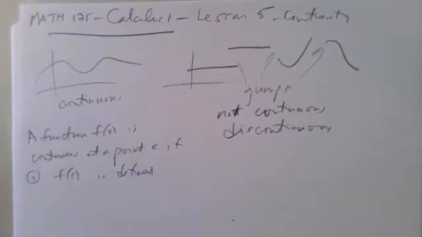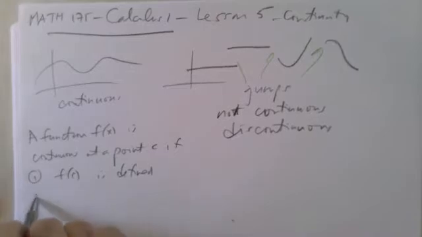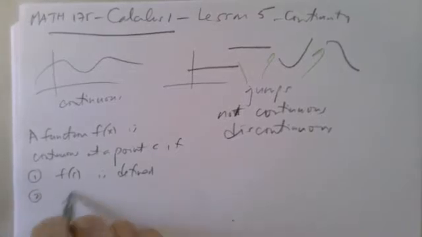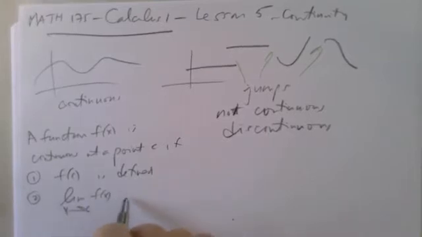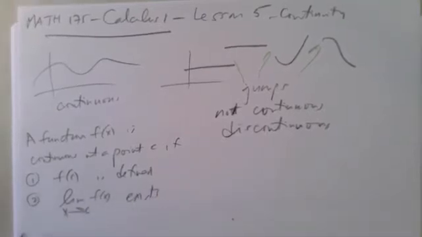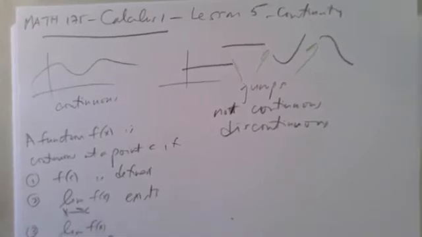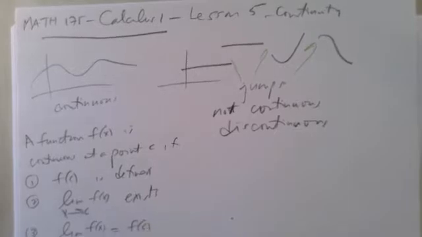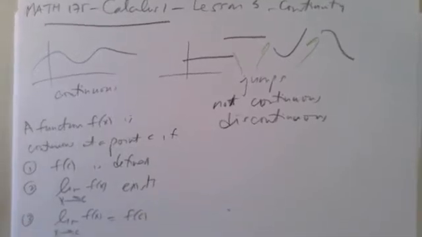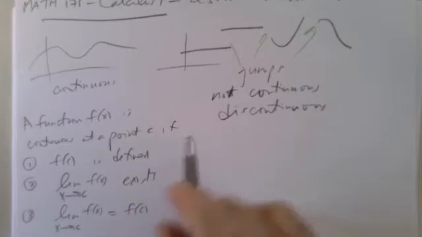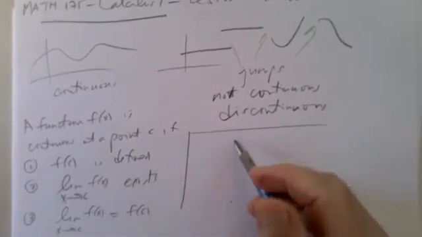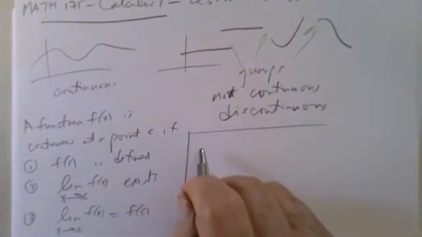So the function has meaning at the point c. Second, when you take the limit of f of x as x approaches c, this limit exists. And third, the limit of f of x as x approaches c is exactly equal to the value of the function at c.